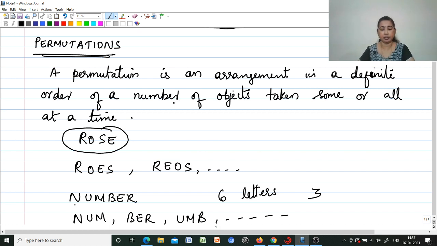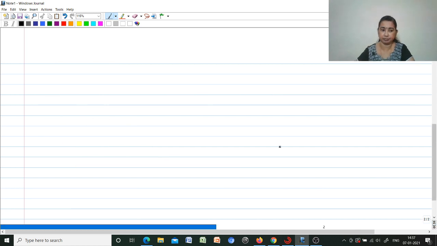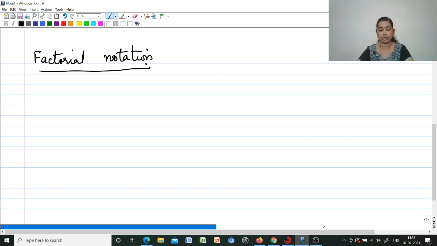Then, in order to study permutation, we need to study another notation called factorial notation. What does factorial notation mean?